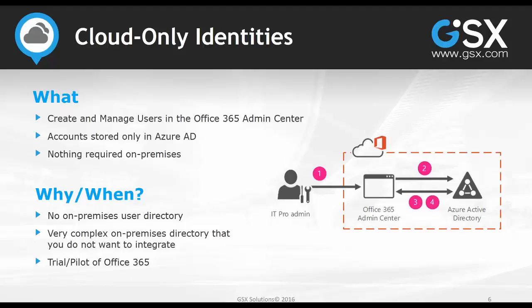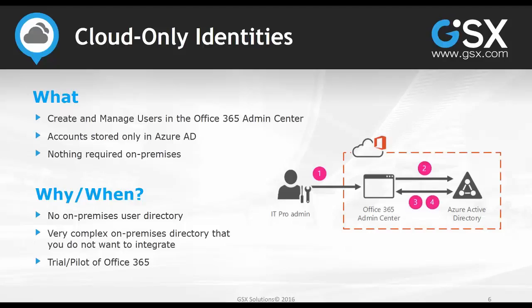Or the most common thing is if you're doing a trial or a POC of Office 365. The big drawback here would be that end users would have probably different accounts and passwords for any services that they use, their login for computers and everything local, and with the services that they use in the cloud.